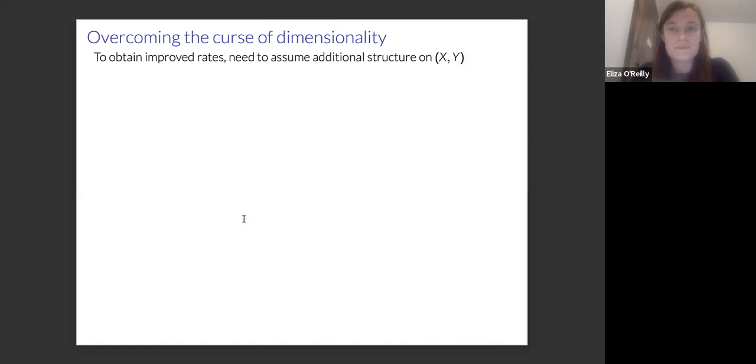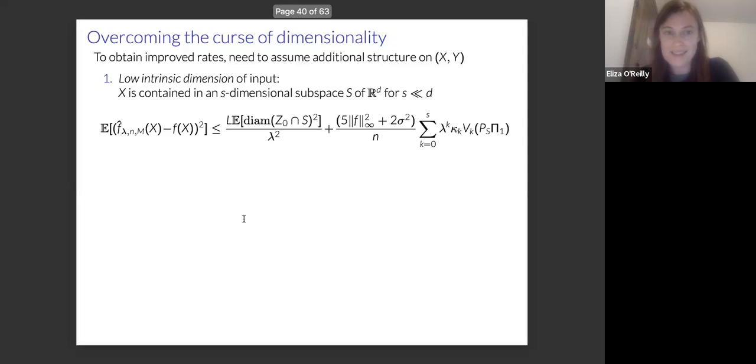So as I said, if we want better rates, we need to make some additional assumptions. One simple thing we can do, which plays very well with these random tessellations and gives us an immediate improved set of rates, is to assume that our input is contained in a lower dimensional subspace of R^D. Remember I mentioned that if you intersect a SIT tessellation with a line, you get a Poisson point process.